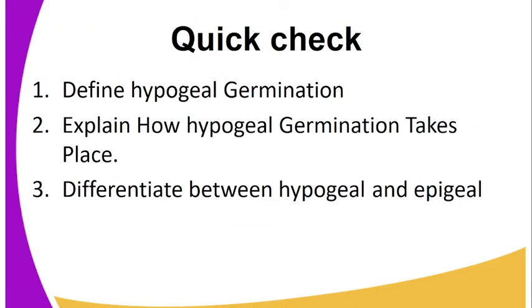I hope you've understood something, and I hope you've really enjoyed the lesson the way I've enjoyed teaching you. So I have an assignment for you. Number 1, define hypogeal germination. Number 2, explain how hypogeal germination takes place.